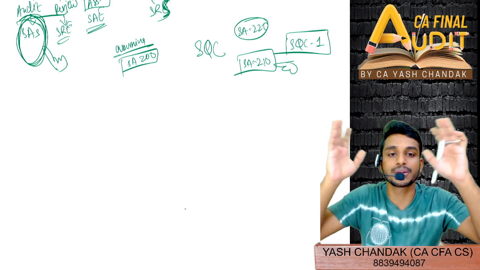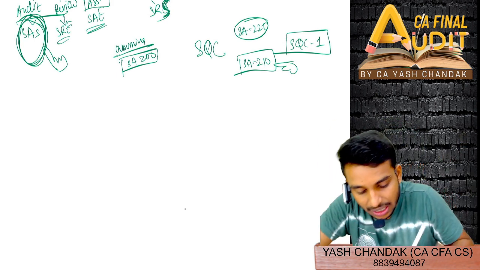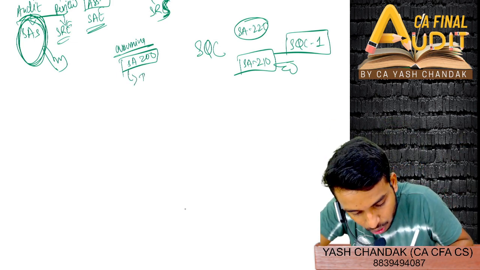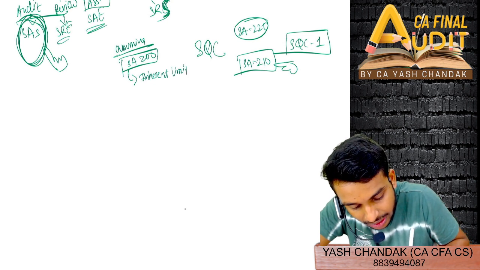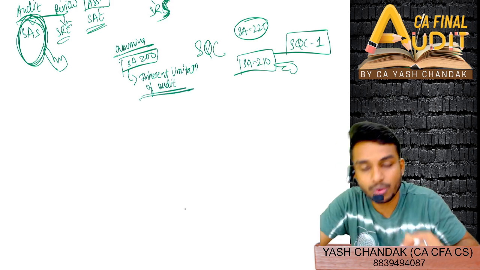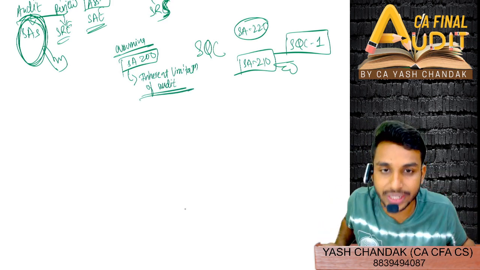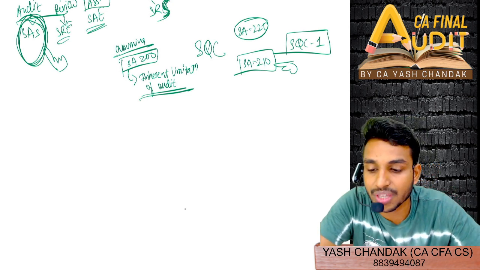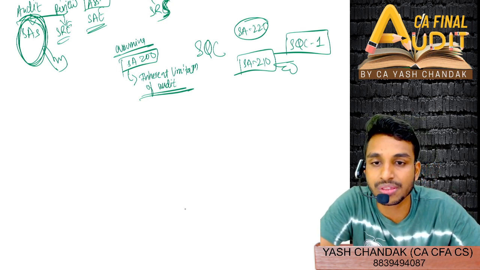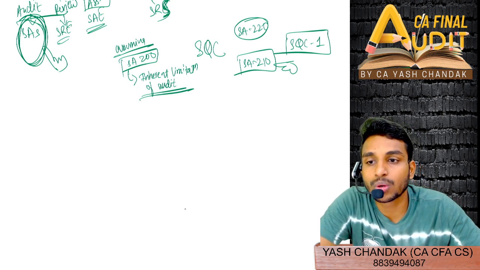So as SA 200 concepts I want you to thoroughly go through. Just remember this, go through this question deeply: inherent limitations of audit. I'm assuming already you have the basic knowledge of SA 200, because in IPCC, I believe everyone does SA 200 quite sincerely. So I want you to come and read.